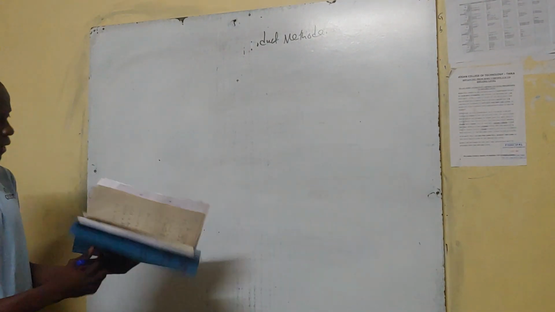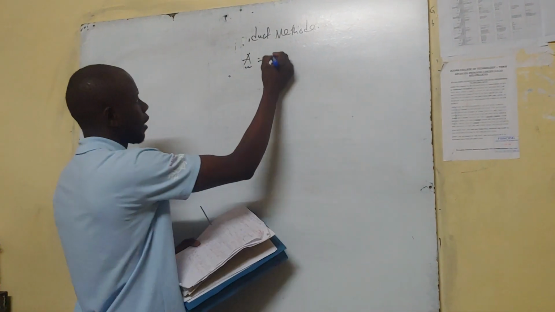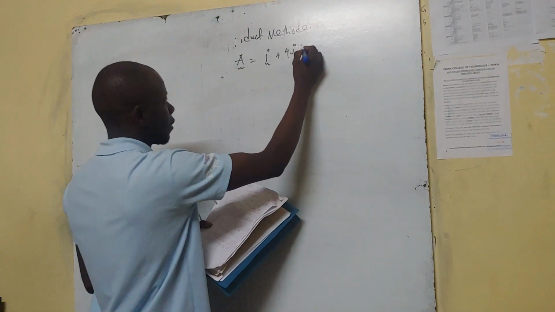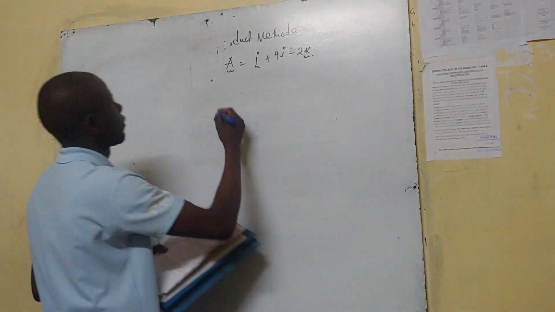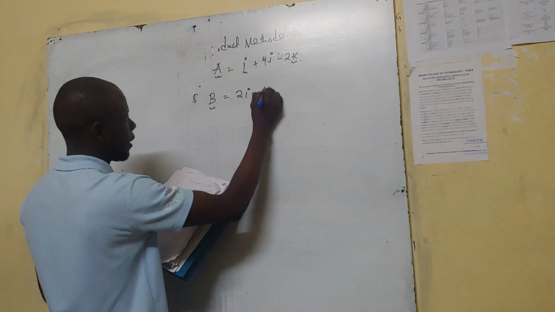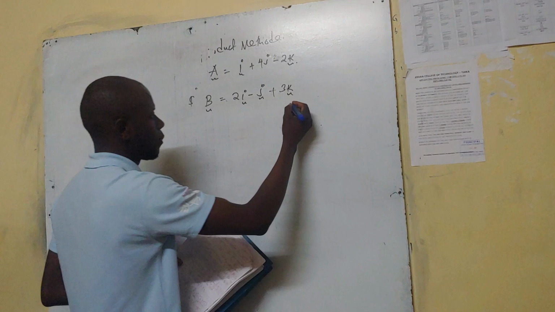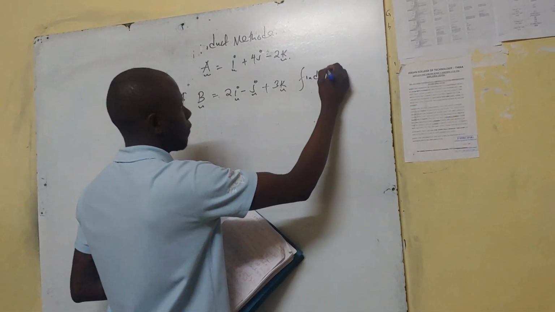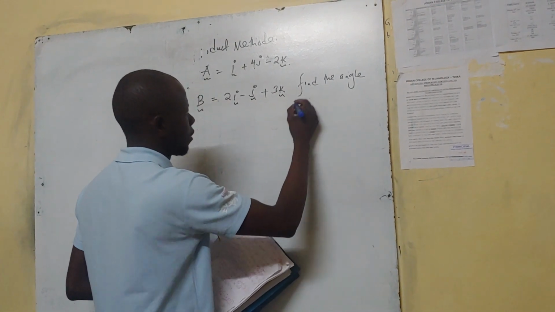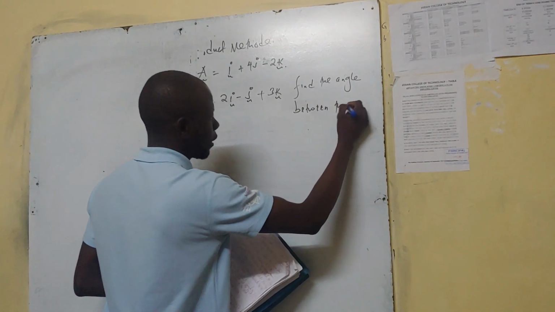Vector A is given by i plus 4j minus 2k, and vector B is 2i minus j plus 3k. Then we are told to find the angle between the two vectors.